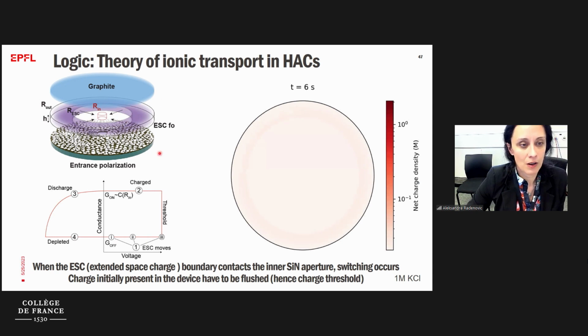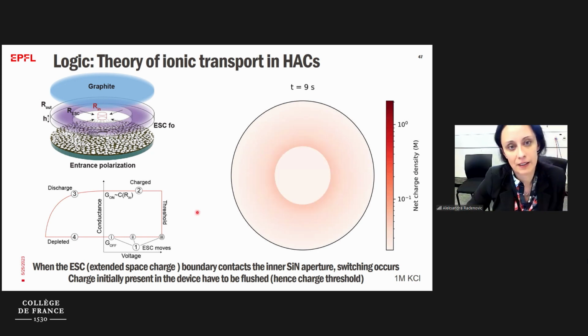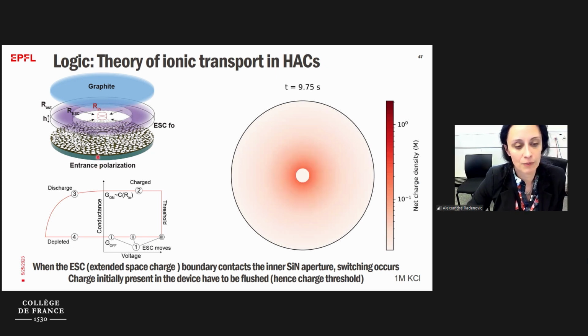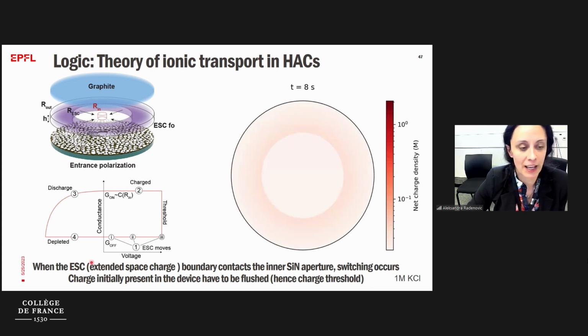So for ions, when they enter the system from this side, it's completely different if they are entering from this side. So that is really setting up conditions for our charge threshold, and as well operation of the device.